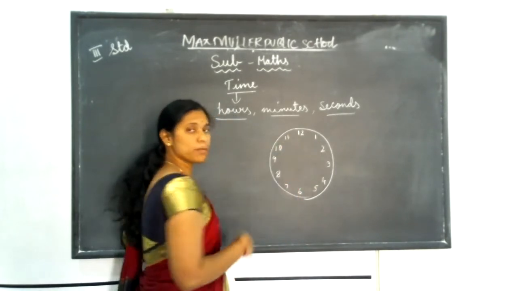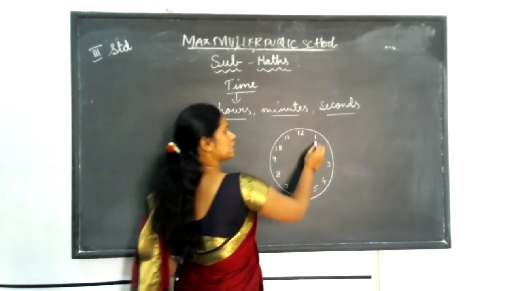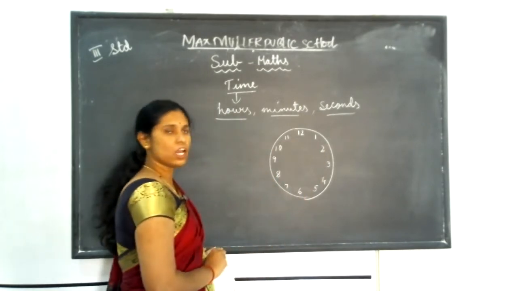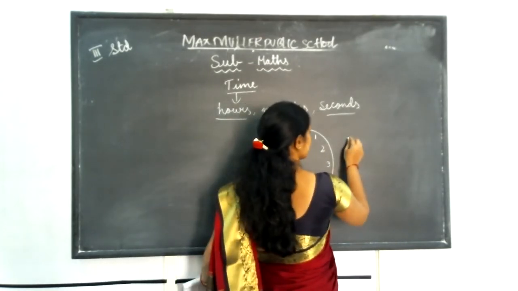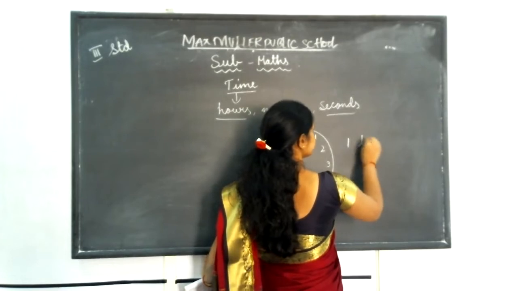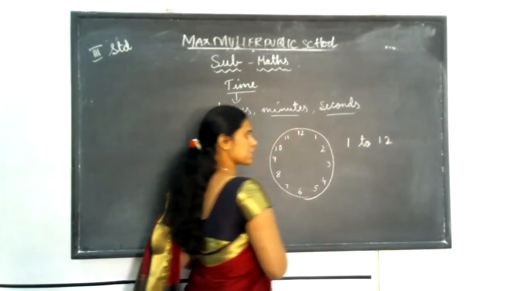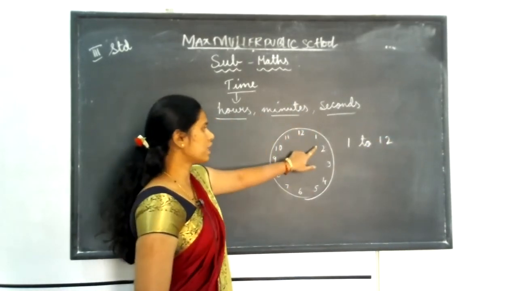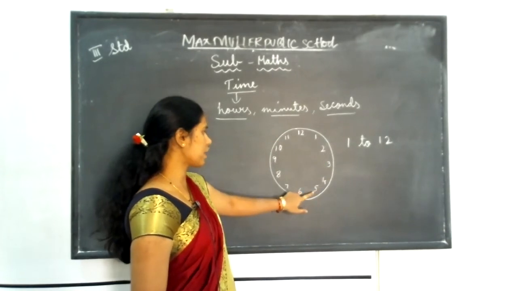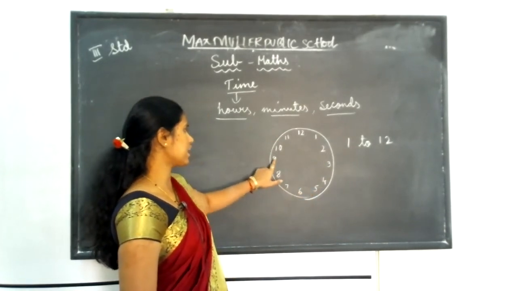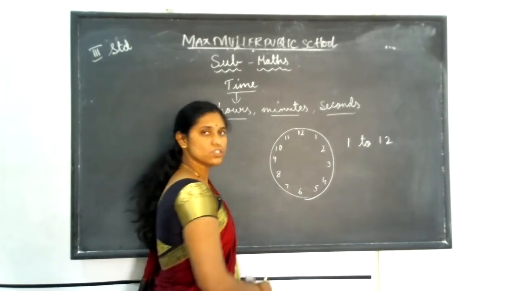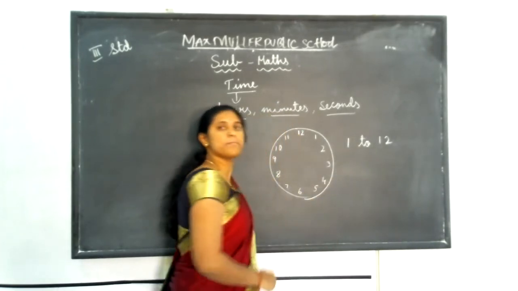In a clock, you have numbers from where to where? 1 to 12.